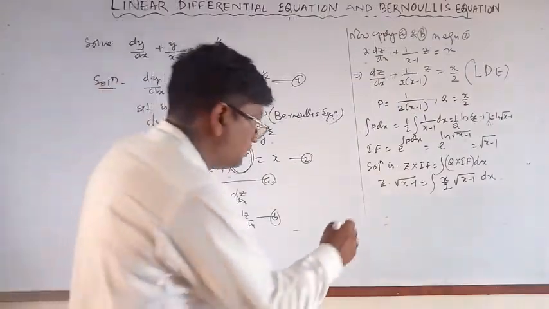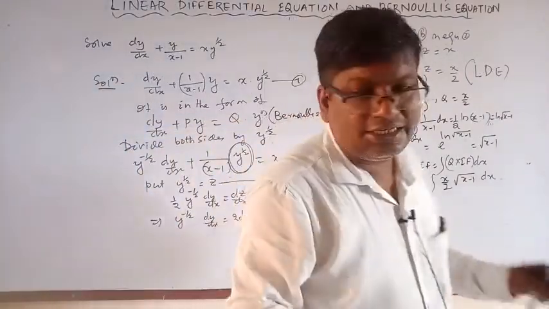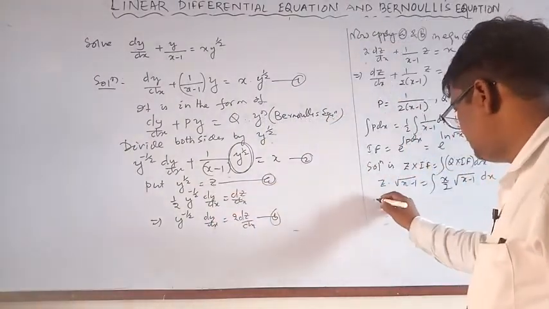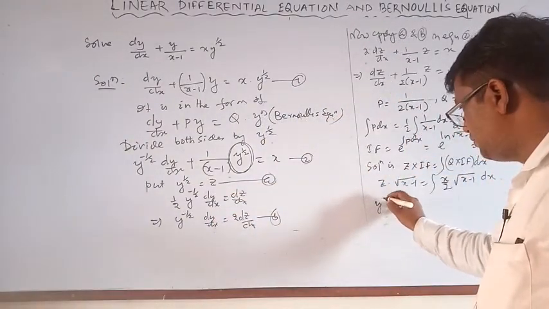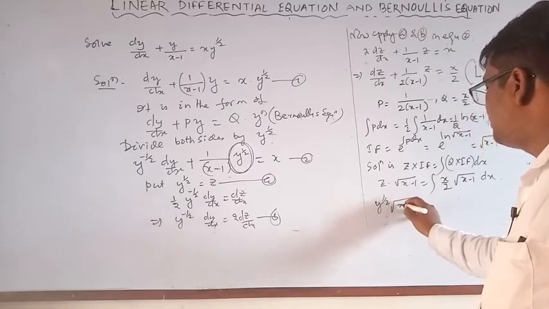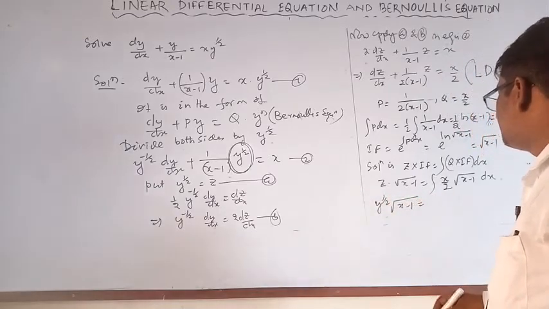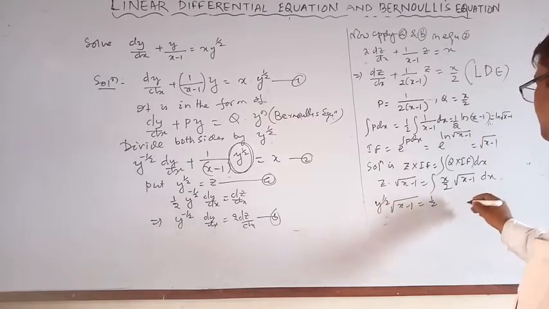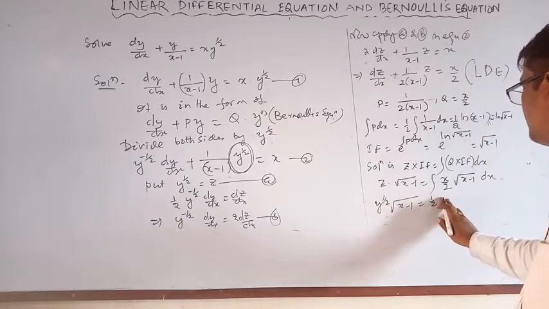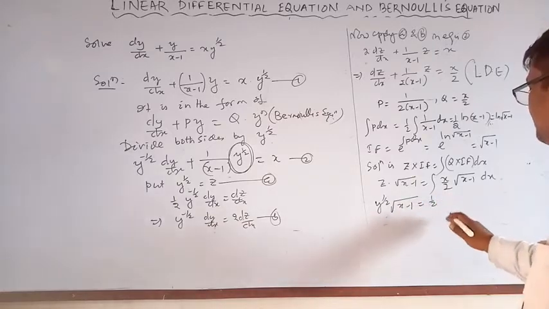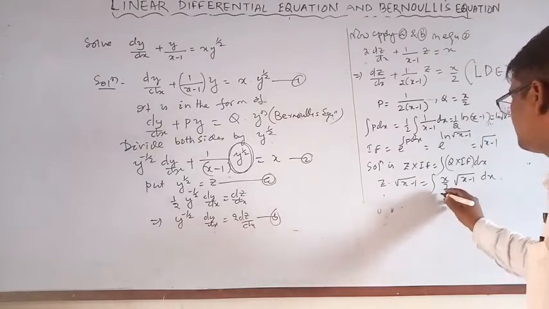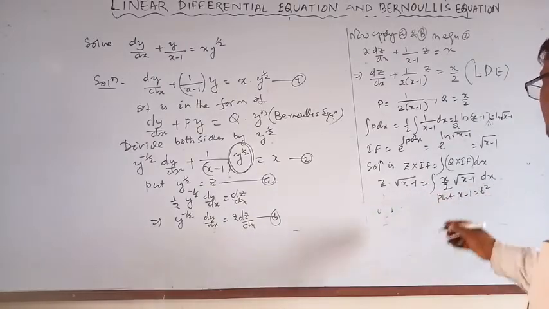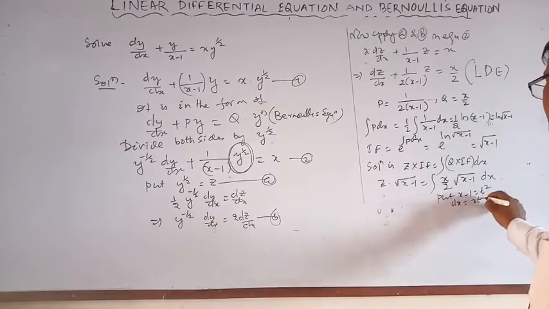Now z is equal to y to the power 1 by 2. So y to the power 1 by 2 into root over x minus 1 is equal to 1 by 2 times the integral. For this, put x minus 1 is equal to t square, and dx is equal to 2t dt.